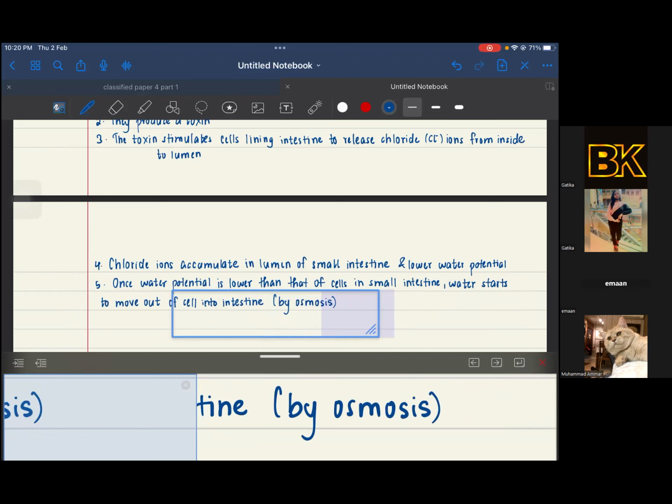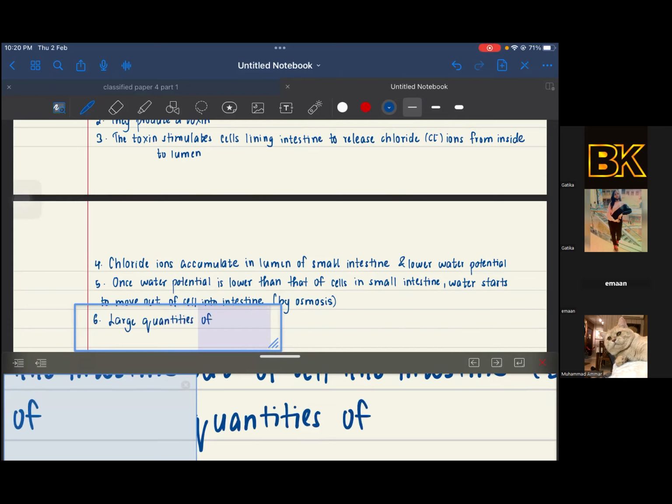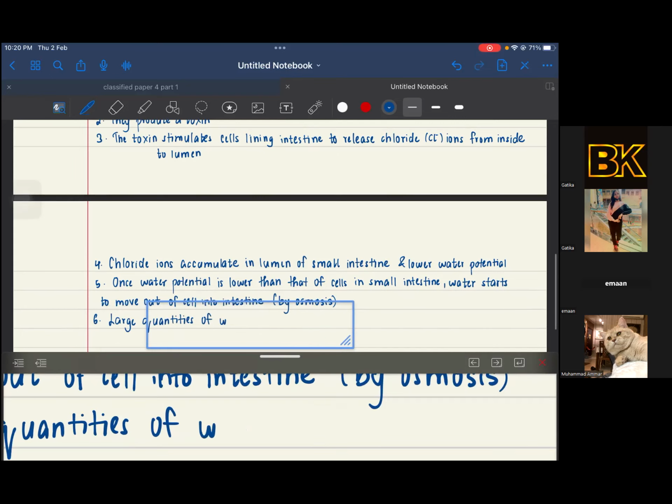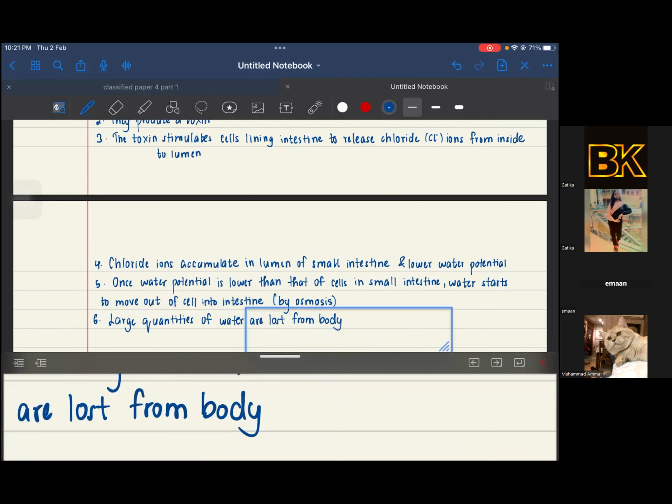Okay. And the sixth step, large quantities of water are lost from the body in watery faeces.